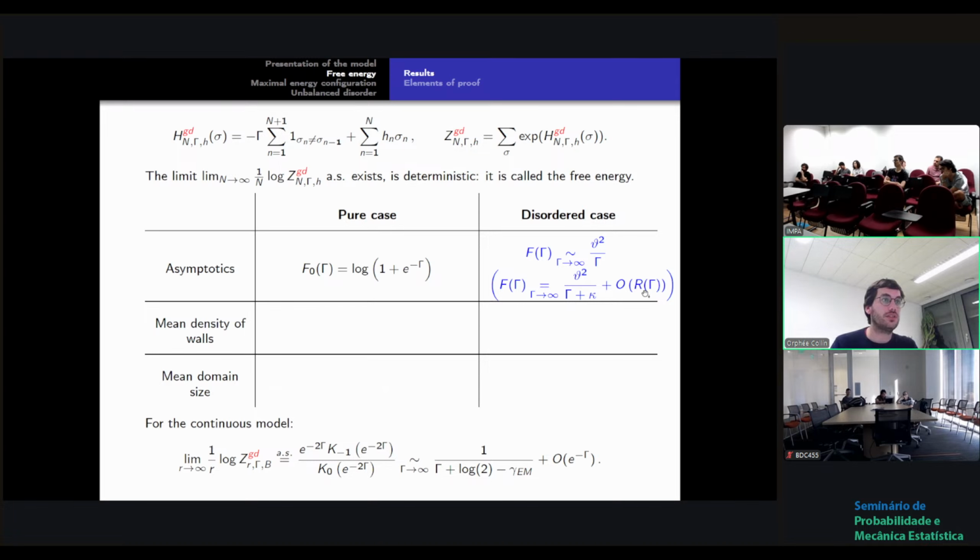So in particular, if the disorder law has exponential moments, then this term is exponentially small. So we also have this intriguing behavior that the expansion in powers of 1 over gamma depends only on these two constants. So this is the variance, and this kappa is a more complicated constant.